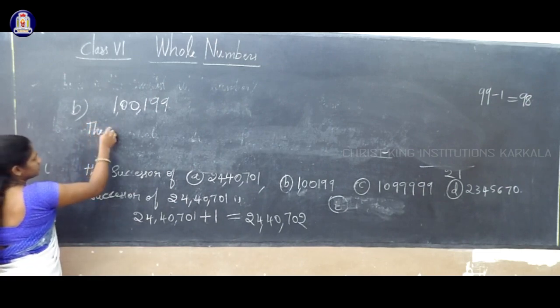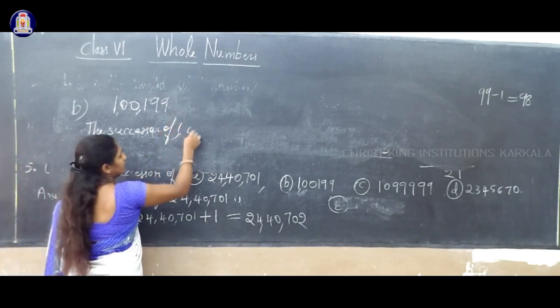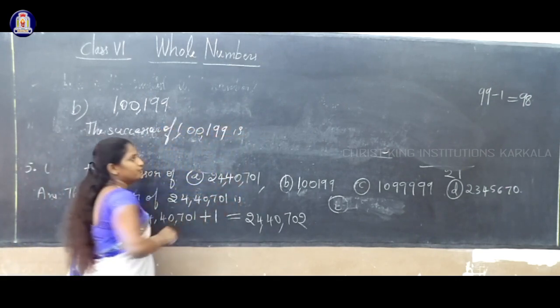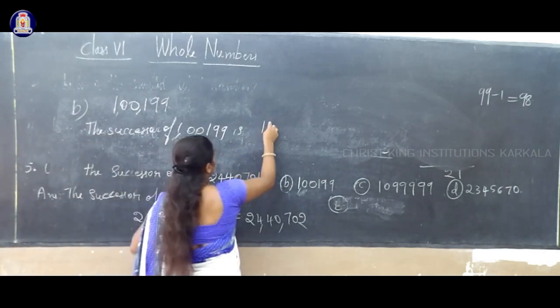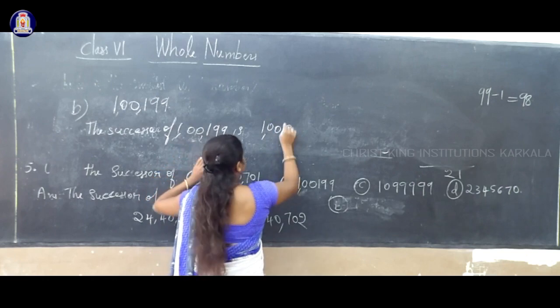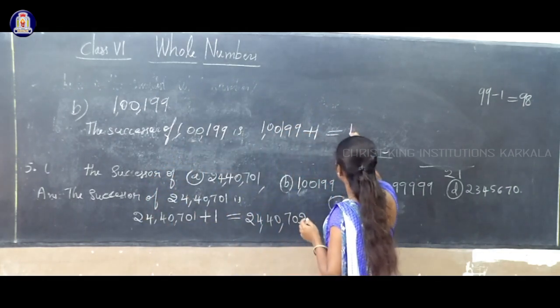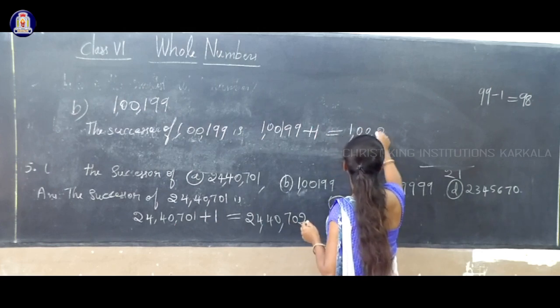So the successor of 1,00,199, what we have to do? We have to add plus 1. So 1 lakh 199 plus 1, we get 1 lakh 200.